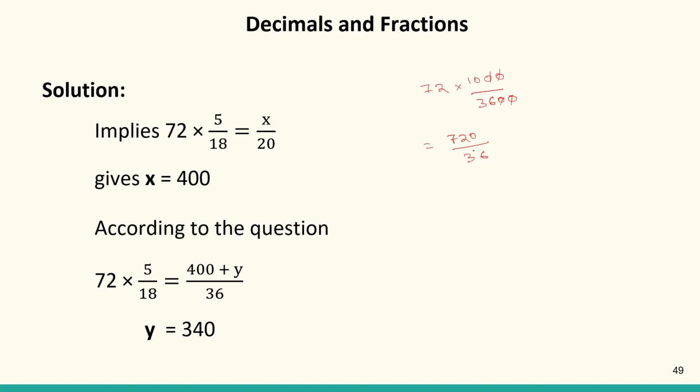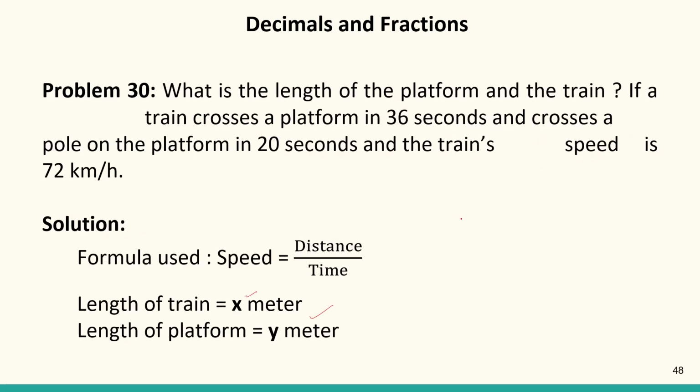So this is equal to 20 meter per second. So 20 meter per second is the speed of the train. Okay, so how many seconds did it take?